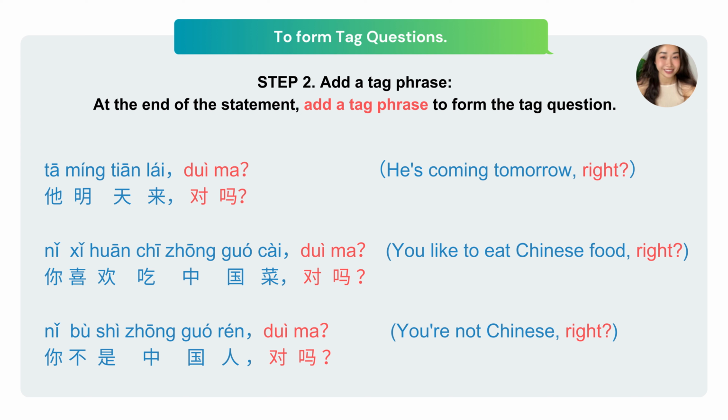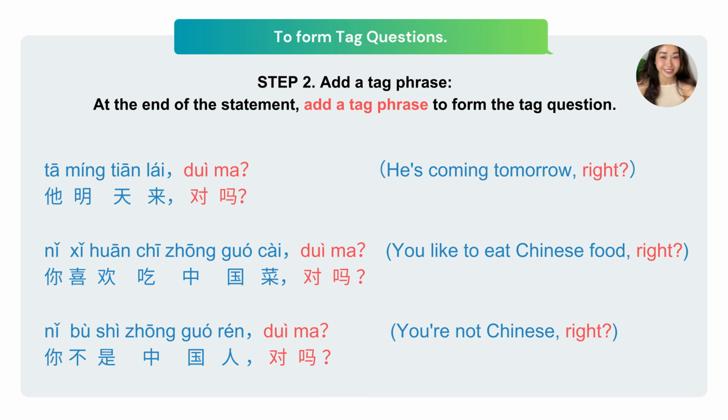So let's take a look at the first sentence. 他明天来，对吗? He's coming tomorrow, right? And the second one. 你喜欢吃中国菜，对吗? You like to eat Chinese food, right?